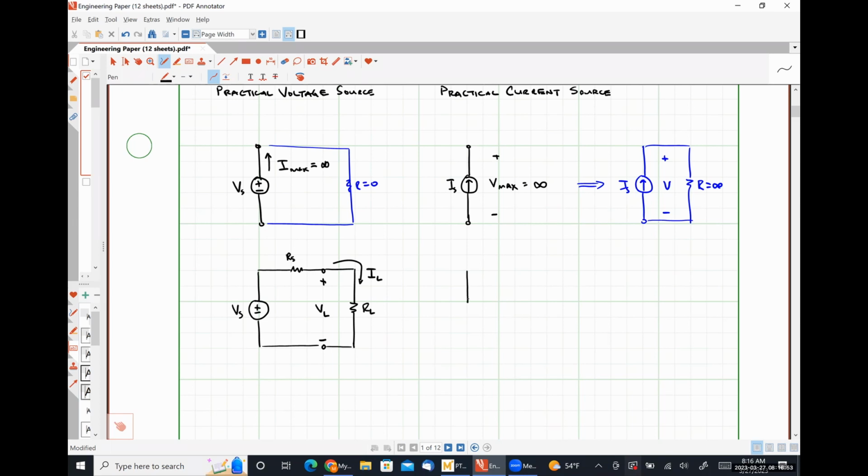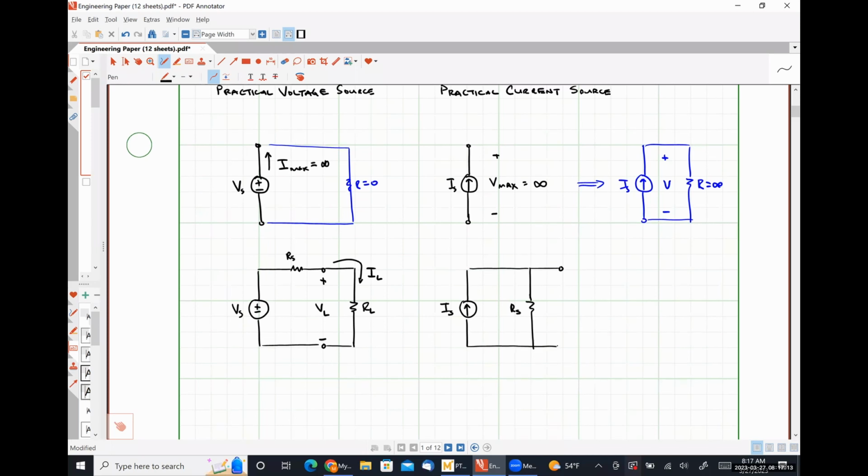And over here on the right-hand side, I'm going to have a similar circuit. I have a practical current source, IS, in parallel with some internal resistance, RS. And across the terminals of the practical current source, I place an identical load resistor, RL, and measure both a load voltage and a load current.